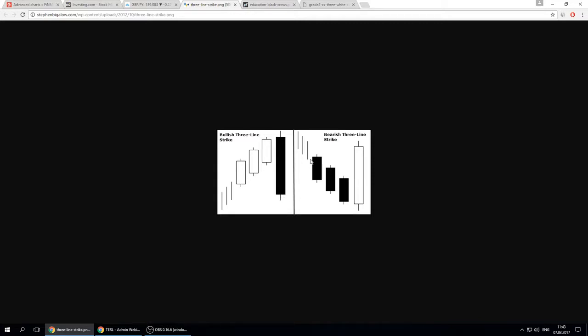The same is here. Here we see the bearish three-line strike candlestick pattern. All 3 candles correspond to the description. Each new one starts within the limits of the body of the previous one.